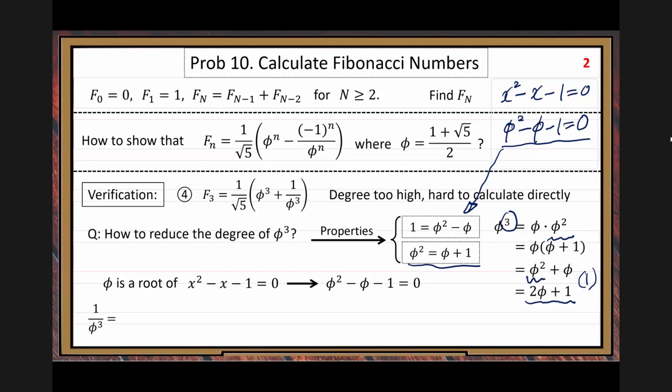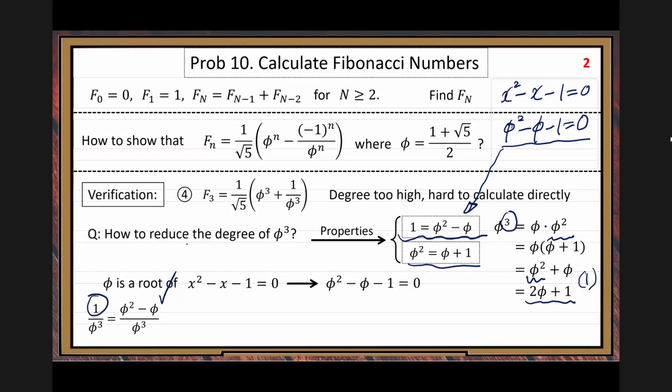Apply the properties of the golden ratio. The first time, the numerator is 1. Can we apply the first property of the golden ratio? 1 equals phi squared minus phi.